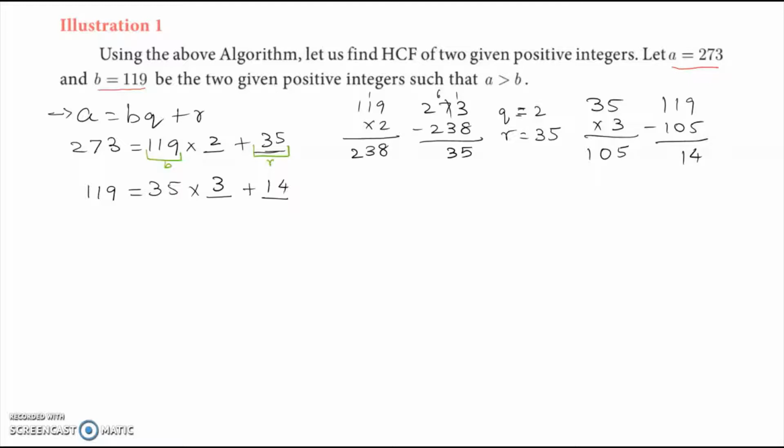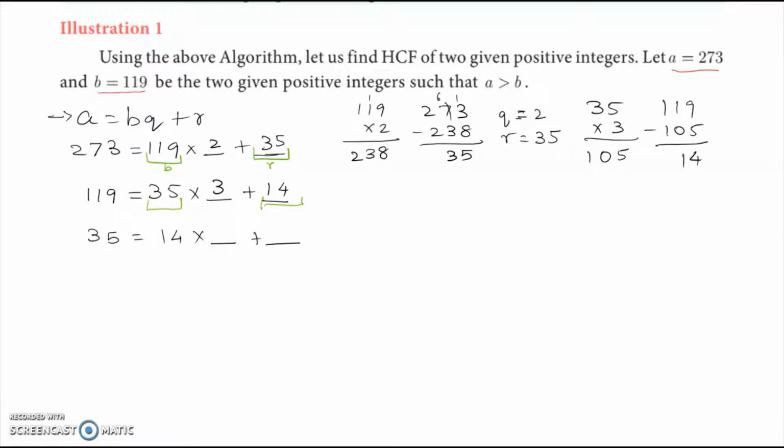So we can now say that our Q is 3, and our remainder is 14. Now let's do the same method again, which is take our B and our R and again repeat the same process. So repeating the same process, you will get 35 is equal to 14 times plus the remainder.